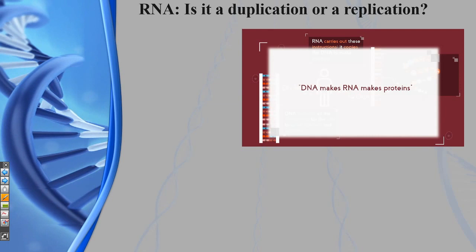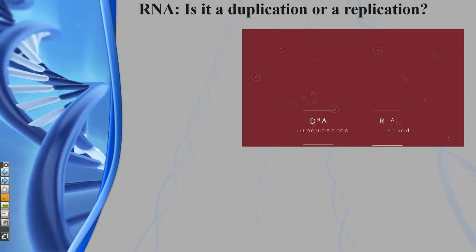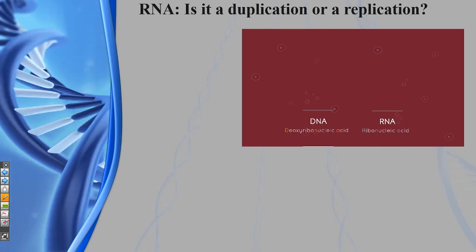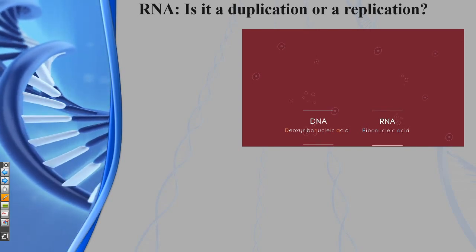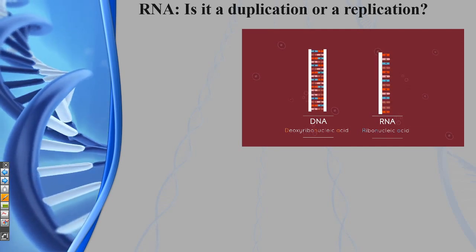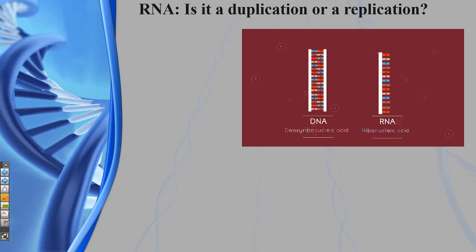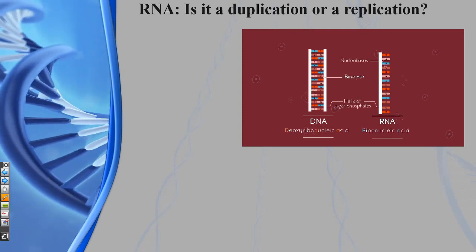So let's look at how they differ. Whereas DNA stands for deoxyribonucleic acid, RNA stands for ribonucleic acid. Whilst DNA is double-stranded, RNA is single-stranded. Like DNA, RNA is made up of a long chain of nucleotides.